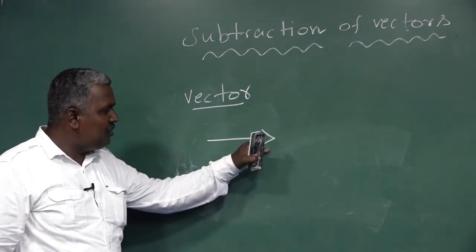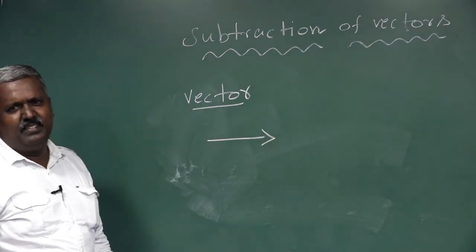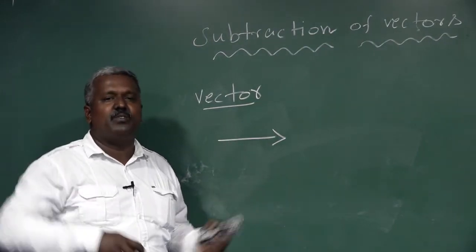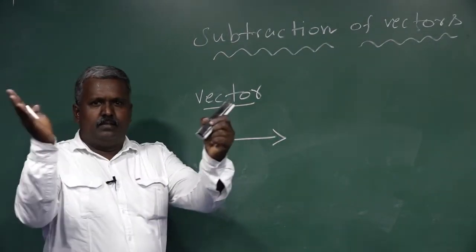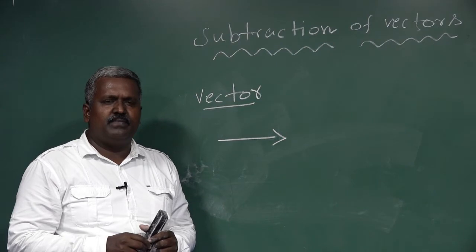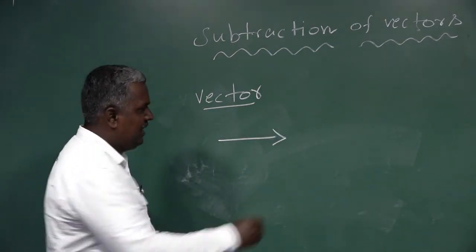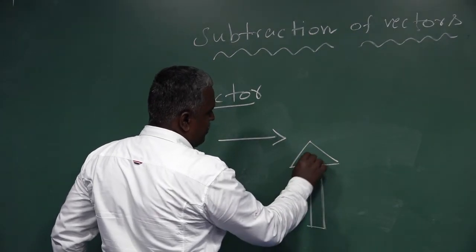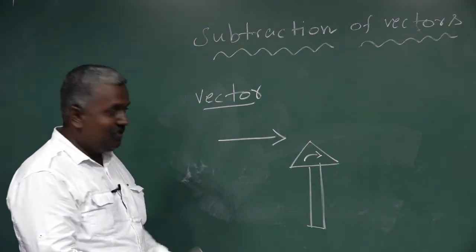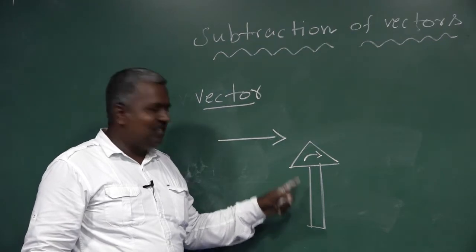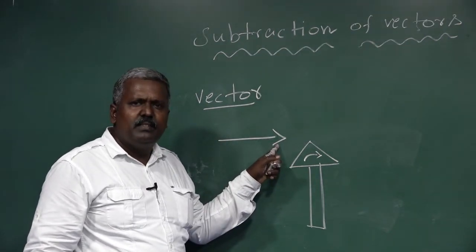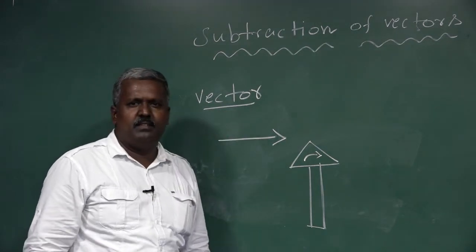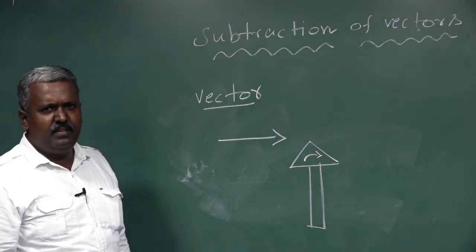It shows direction. It is simply a line segment. You can see it in signboards: turn left, turn right. This is a very, very important symbol. It shows direction. That is the main purpose of vector.